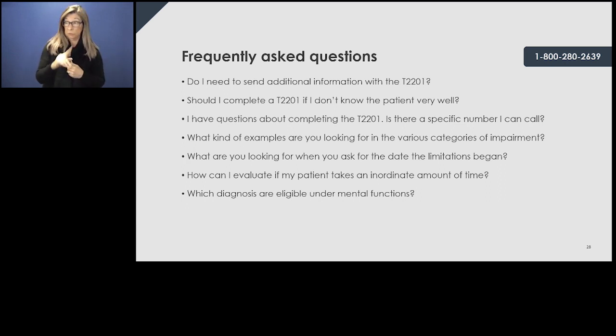What are you looking for when you ask for the date the limitations began? The date should be the year when your patient began to experience severe limitations in that particular category. Severe is defined as unable to or took an inordinate amount of time, all or substantially all of the time.